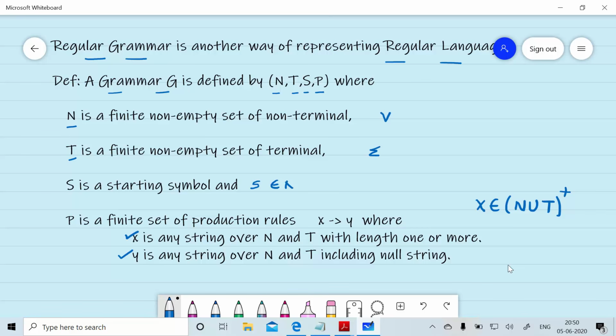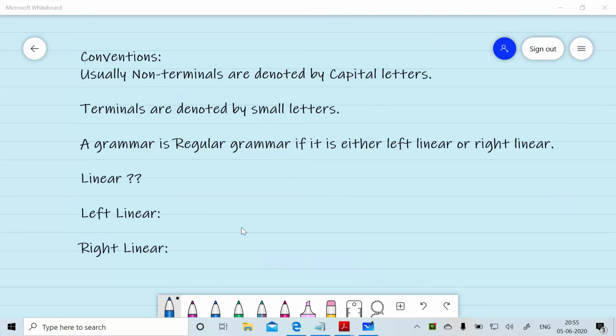Y is any string over non-terminals and terminals including the null string, that is Y belongs to (N union T) star. Non-terminals are usually represented by capital letters like A, B, C. Terminals are usually represented by small letters like a, b or 0, 1.